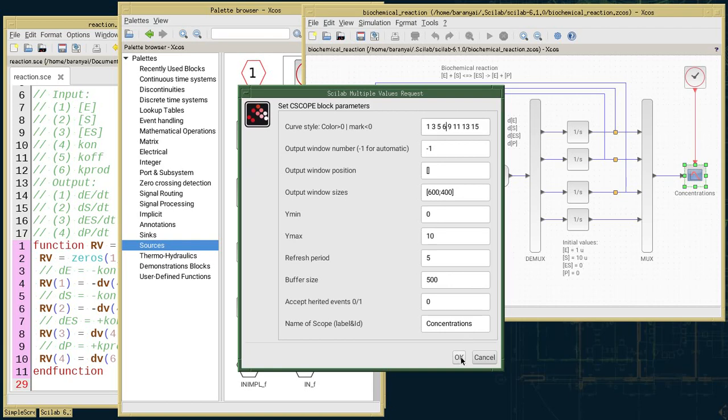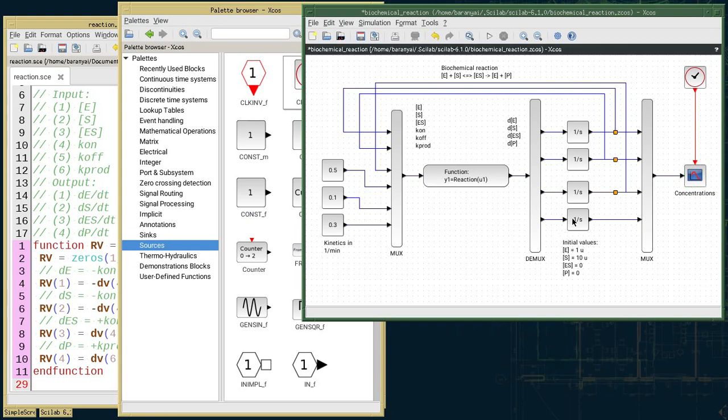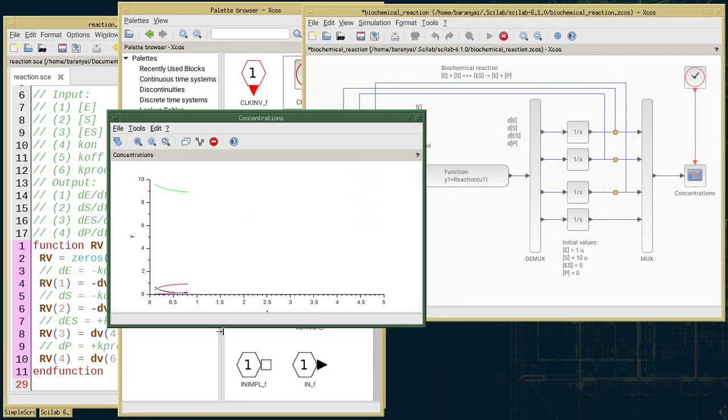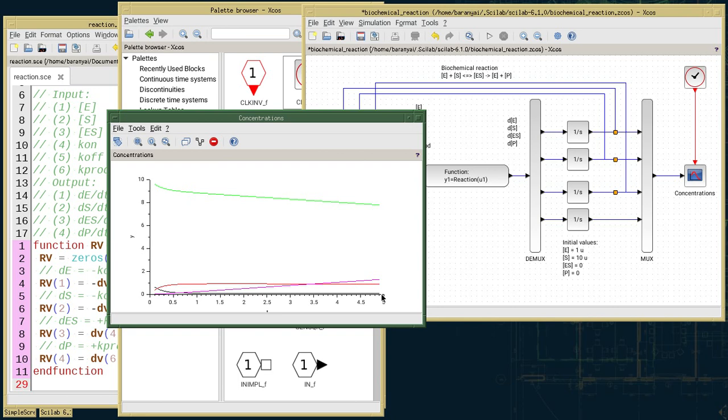I will change the color for the fourth element, and now if I run the simulation, you can see, okay, it seems that the 5 minutes is not large enough for this reaction. What we can see here is the so-called steady state part of the reaction, because the enzyme substrate concentration is almost constant, the production is continuously increasing, the substrate concentration is continuously decreasing.